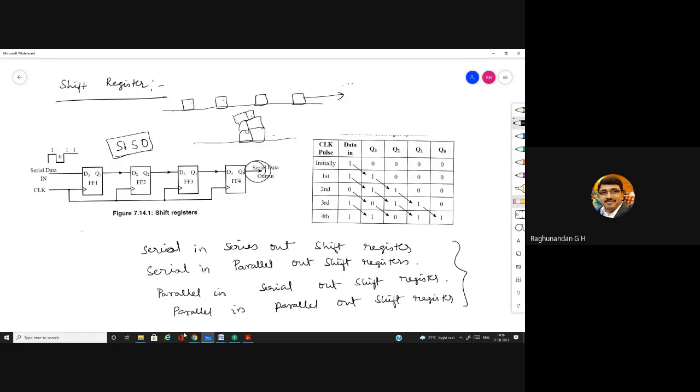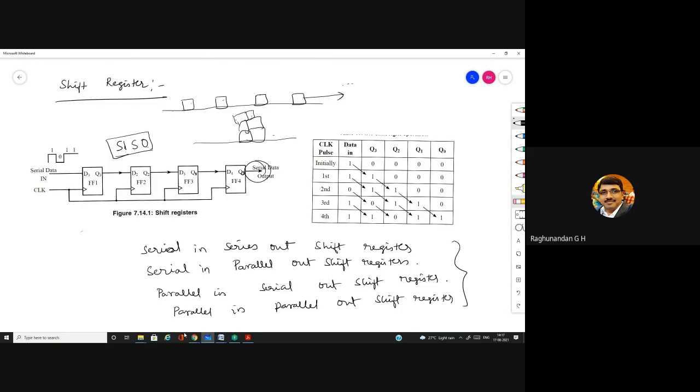Here you can observe that one by one the bit is entering. The first bit enters and leaves through Q and goes as input to D2. Then only the next bit is entering. That's why it is known as serial in, serial out.